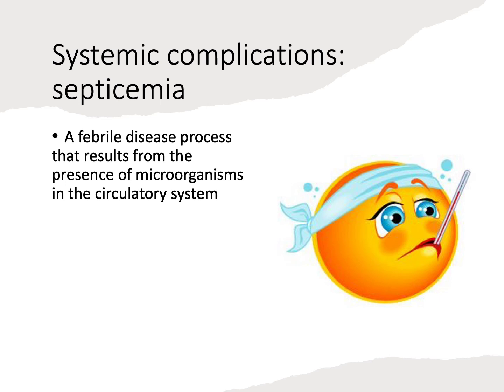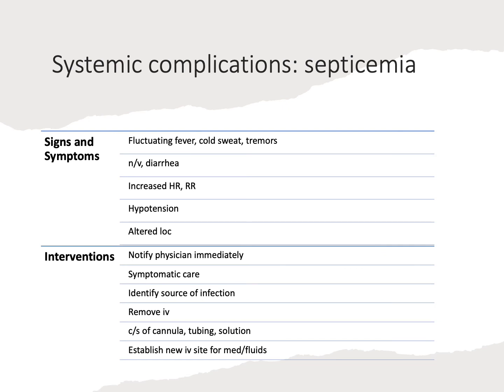Systemic infection, known as septicemia, is a febrile disease process that results from microorganisms getting into our circulatory system. So like I mentioned, it could be staph or it could be strep or something like that. So signs and symptoms of infection include that localized erythema, reddening of the skin, pus around the IV site. There could be warmth to the area and pain.